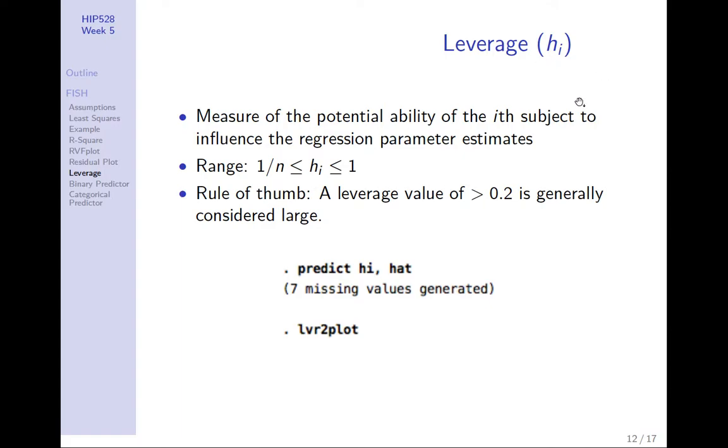The way we define leverage is as a statistical measure of the potential ability of the ith subject to influence the regression parameter estimates. A single data point outside the bulk of the data has a disproportional effect on the regression line.